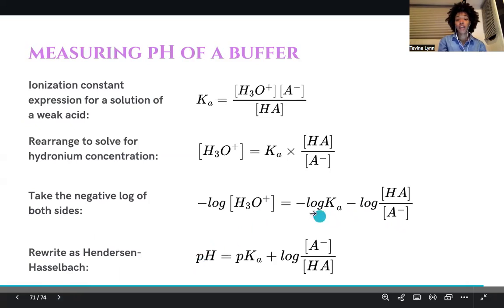The negative log of Ka we reduce to pKa, plus the log of the ratio of our conjugate weak base to weak acid. This equation is called the Henderson-Hasselbalch equation, and this is how we derive it from our ionization constant expression for a weak acid solution.